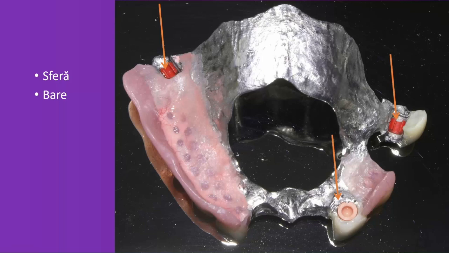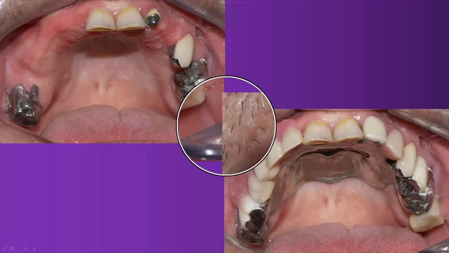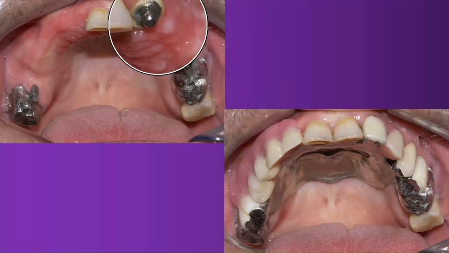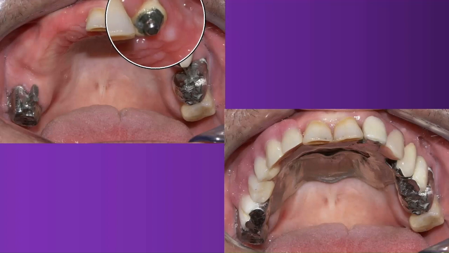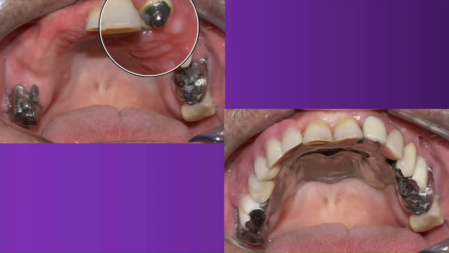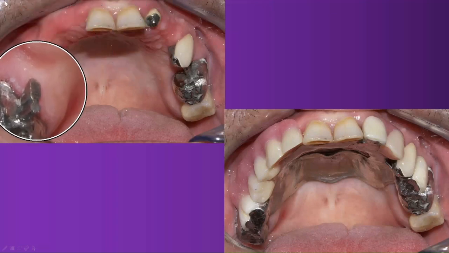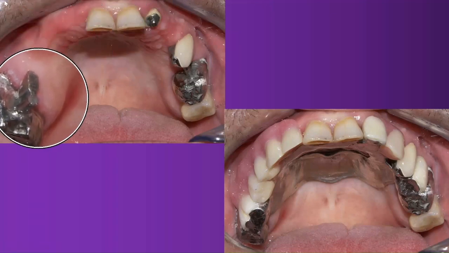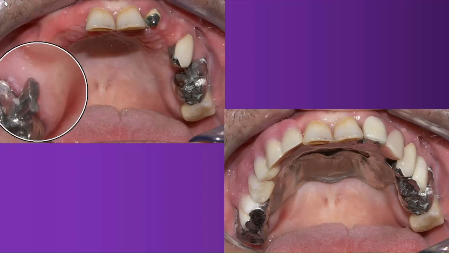So you see this is the root there, the remaining root up there, the sphere-like attachment, the ball attachment over the lateral incisor. And you see here the mesial bar. This is a special bar that goes down to the gum.